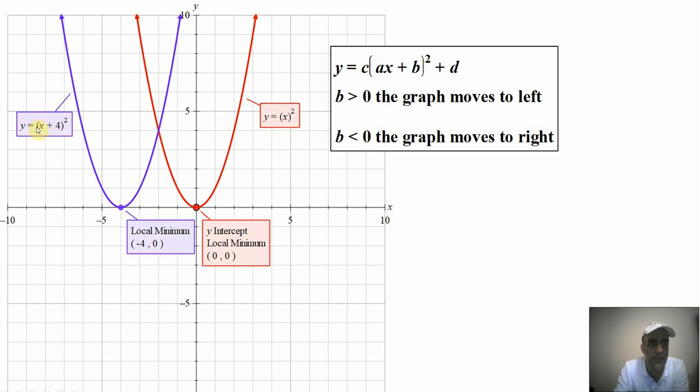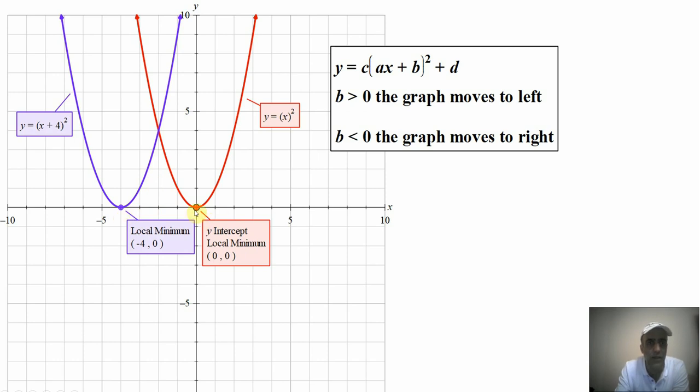As you see here, b is a positive 4, and the graph will move to the left. And the local minimum also moves left. Every position in x will be moved to the left by the exact amount of b.